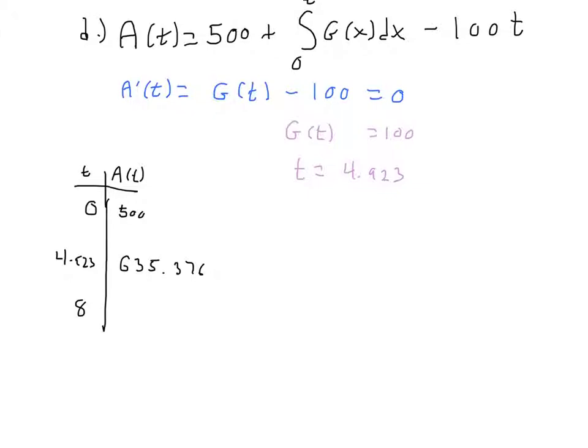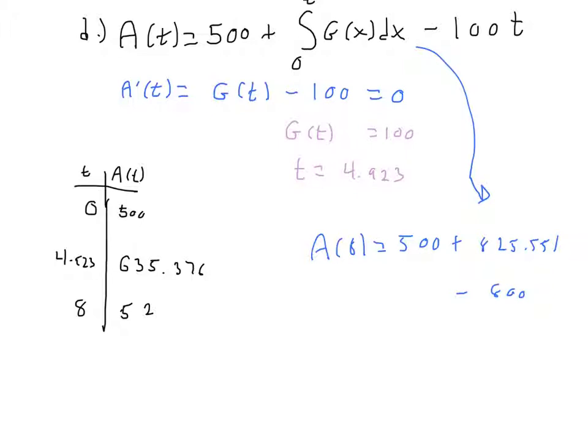So again, how I did that, I did A of 8 was equal to 500 plus, we already know this value from 0 to 8 is 825.551, and then minus 100 times 8, or 800. So we get 525.551. Now comparing these, 500, 635, and 525, we can see that the maximum amount of unprocessed gravel is 635.376 tons.